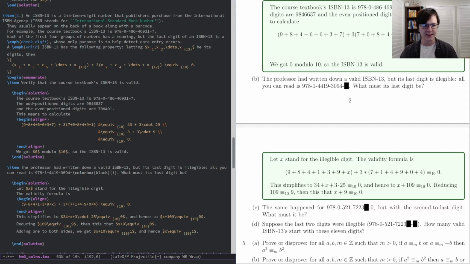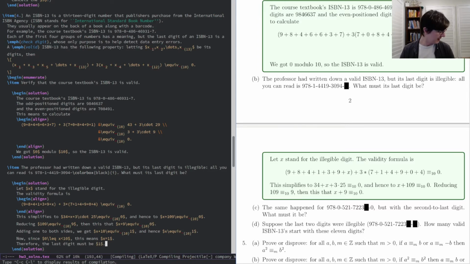So now the idea is, it's a digit. This means x equals 1. Well, it's only asking what the last digit is. Oh yeah, therefore the last digit must be 1, since it's a valid number.